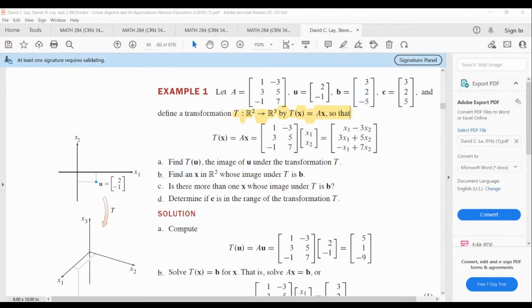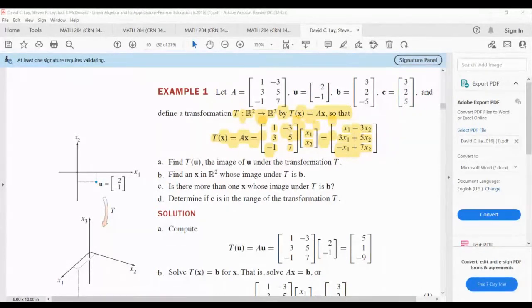Are we in agreement about what you're seeing here? The matrix A times x is equal to, all right, so the vector x is a 2 by 1 vector, right?